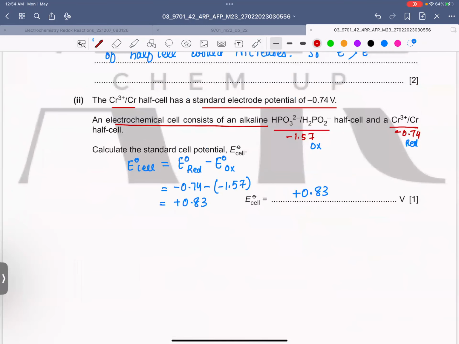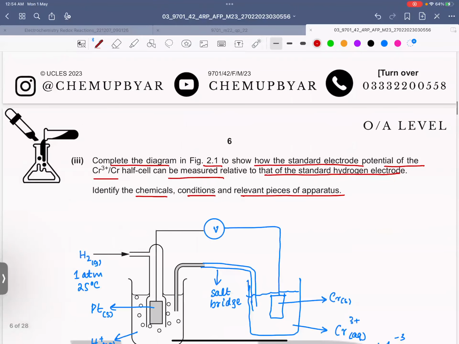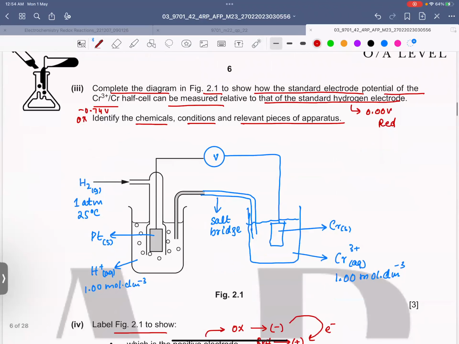So the value for the chromium 3 positive chromium half cell is negative 0.74 volts. And for the standard hydrogen electrode it is 0.00 volt. So this one is bigger. So here reduction is occurring, here oxidation is occurring. If on the hydrogen electrode reduction is occurring, then it would become the positive electrode and this one becomes the negative electrode.